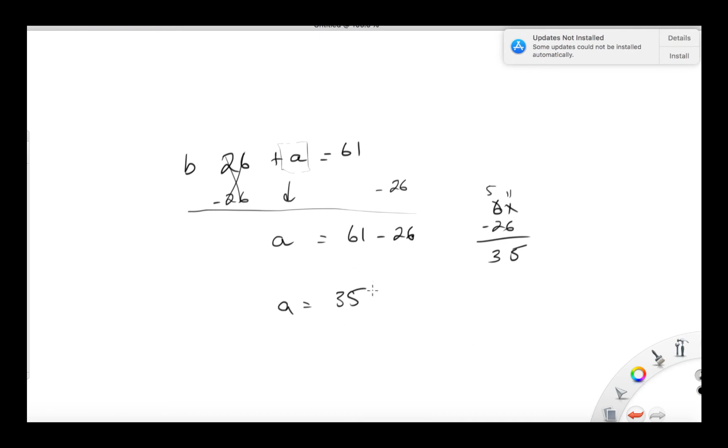Well, if I put this answer back in for a, I should get 61. So let's try that. 26 plus 35. 6 plus 5 is 11. Carry the 1. 2 plus 1 is 3, plus 3 is 6. There it is, 61. So I know that 35 is correct.